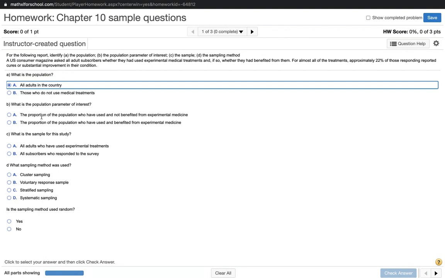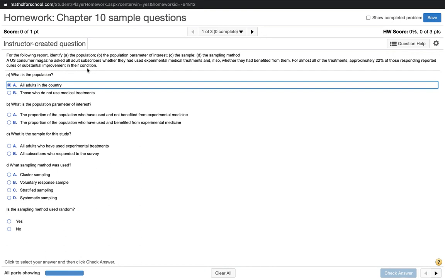Part B, what is the population parameter of interest? In other words, what statistic are they measuring? What statistic are they learning about? Look at the sentence here: for almost all of the treatments, approximately 22% of those responding reported cures or substantial improvement in their condition.